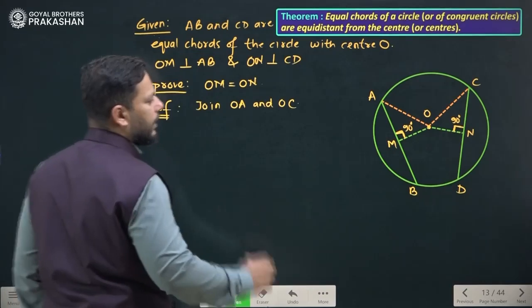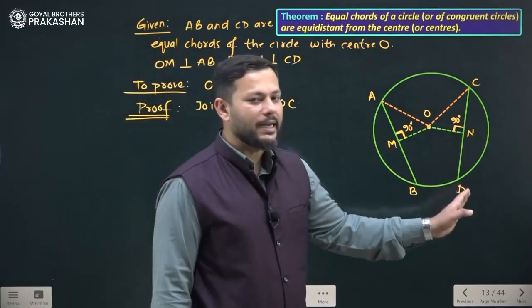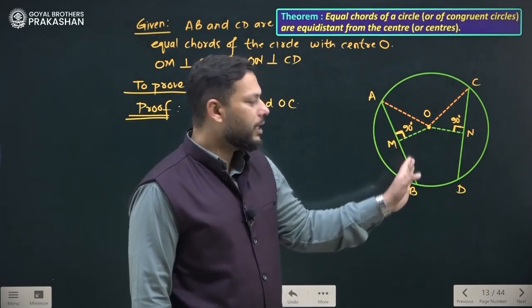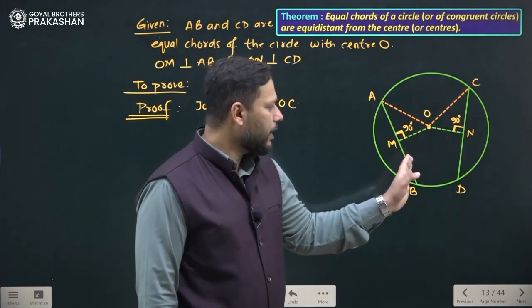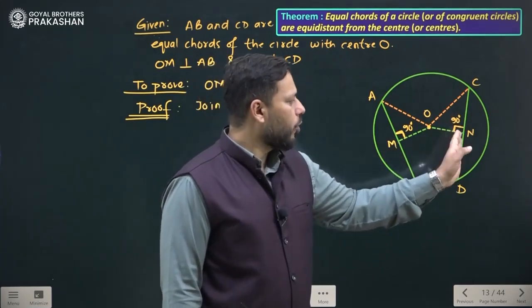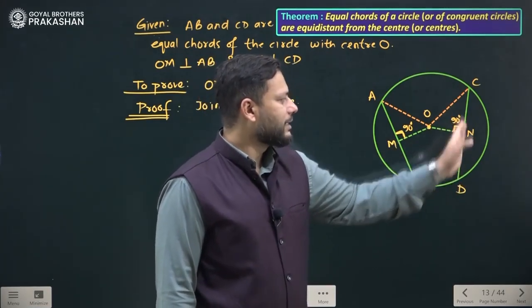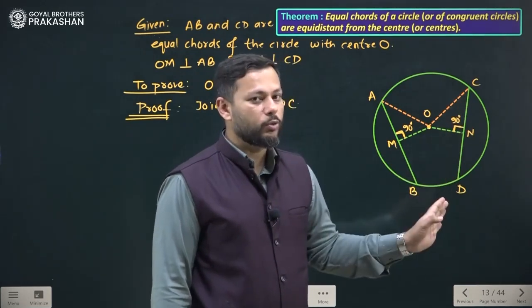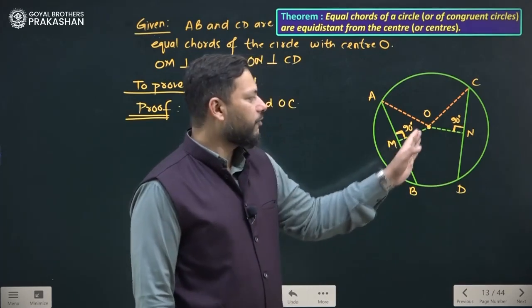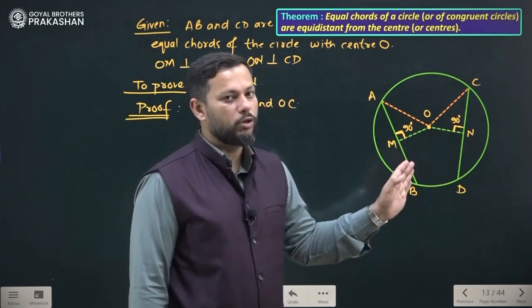Also, if you look at it, since AB and CD are equal to each other, OM is perpendicular to AB, so it bisects AB. So AM is equal to BM, and since ON bisects CD, CN and DN will be equal to each other. And as AB is equal to CD, half of these two chords will also be equal to each other.